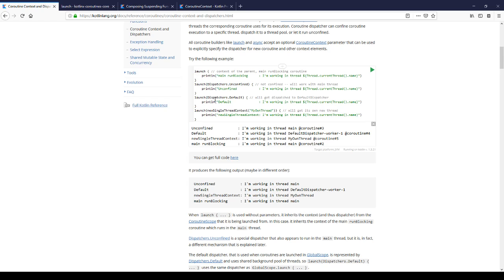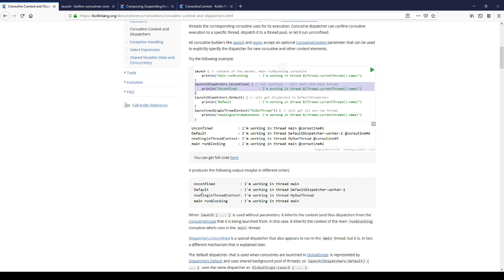So these two won't be launched before... oh, not everything, not these two. It's this one and this one. They won't be run before everything is launched.